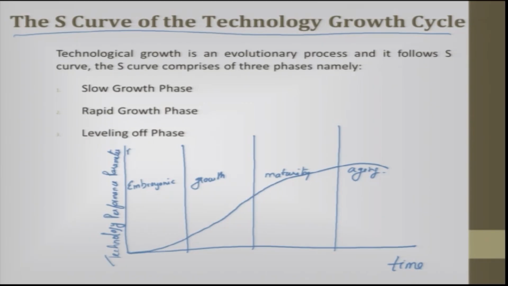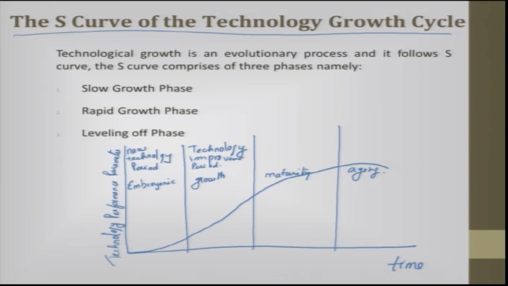Okay. So, here is the new technology period, here it is the technology improvement period, and here it is maturity, and here it is the aging.